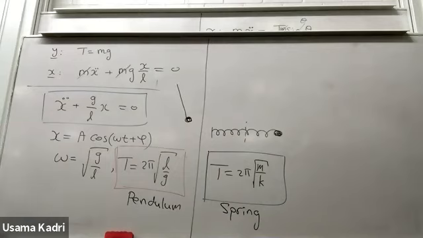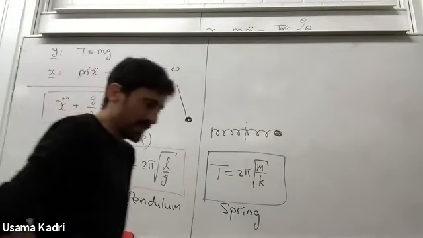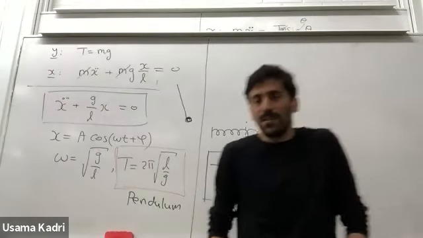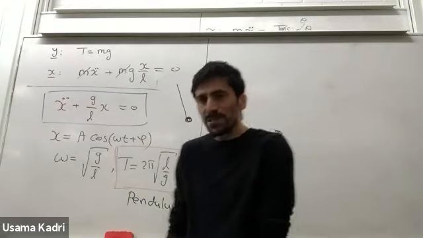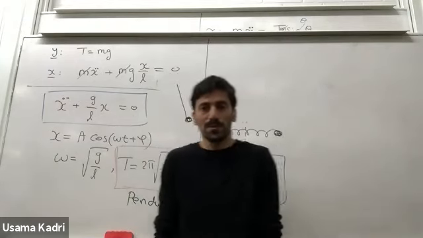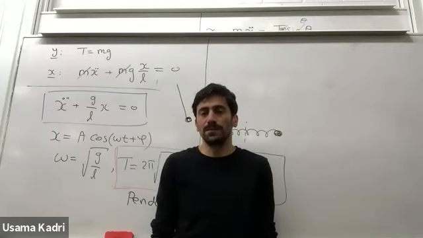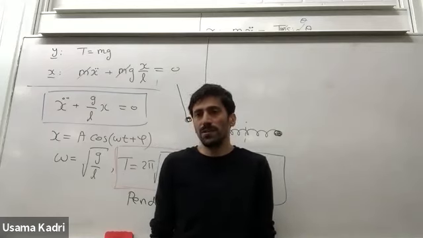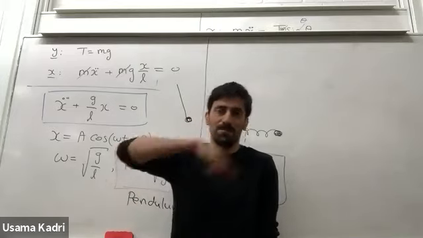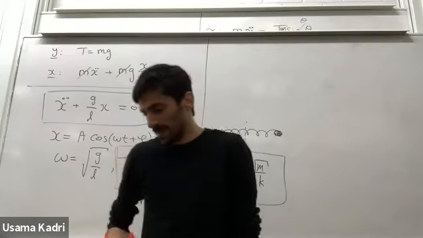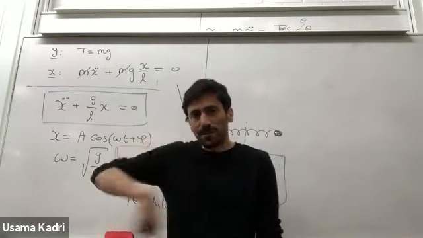So if you want to measure mass, and in your space shuttle you have a place only for either a pendulum or a spring, what do you choose? You choose the spring. Remember the perceived gravity, right?